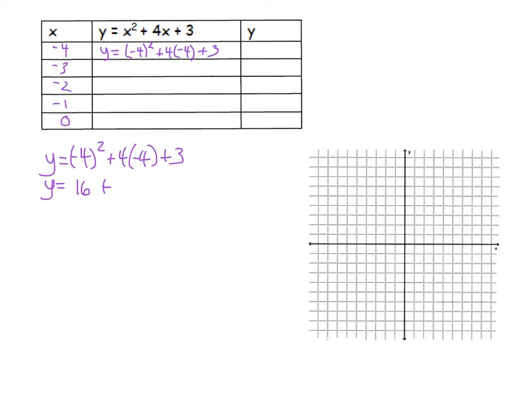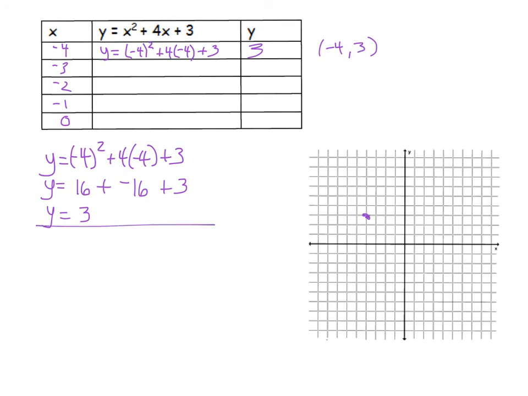So 4 times -4 is -16, and then plus 3. Well, now if we just add straight across, we get 16 plus -16, which is 0, plus 3. That will give us 3. So y is 3. Our first point then is at -4, 3. Plotting that, -4, 3 will give us this point right here.